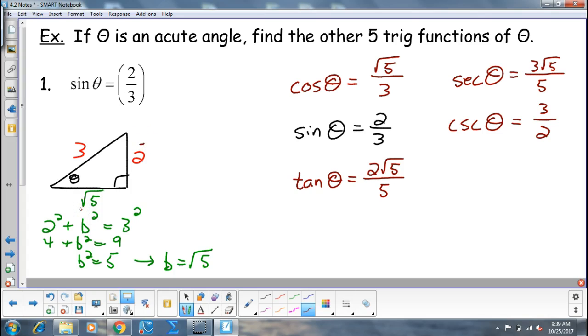So it's 2 over the square root of 5, which then rationalizes into 2 square roots of 5 over 5. Same thing. Yep, very much so.